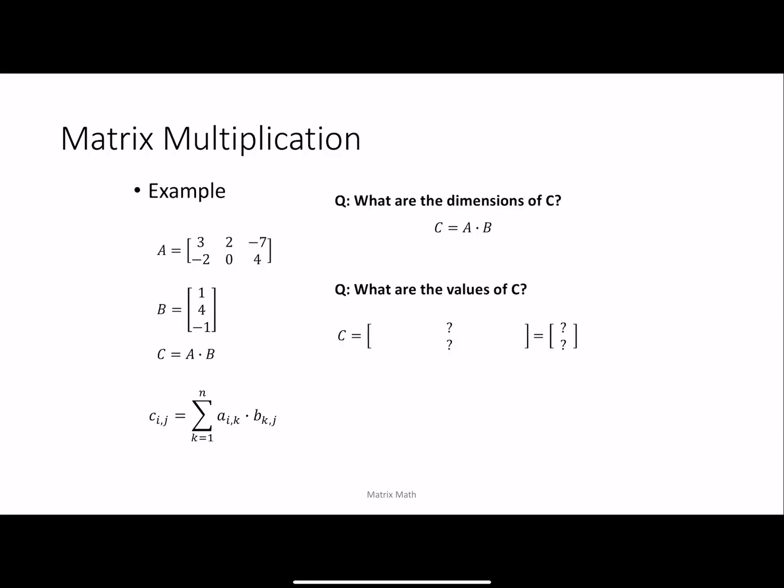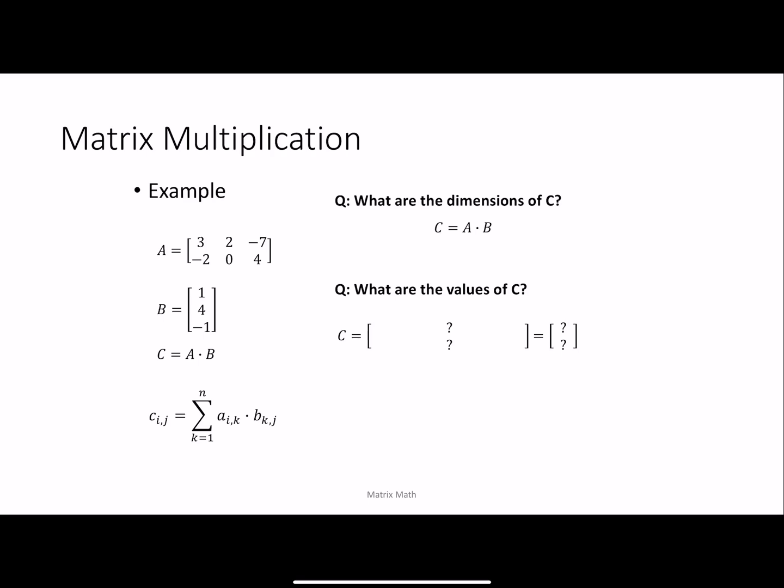So we can go ahead and compute, for example, here's another example. We have matrix A and matrix B, and we're going to multiply these two matrices. And the question here is, what is the size of C? Well, of course, we have first row multiplied with the first column, second row multiplied with the first column, and there is no other result for this, right?